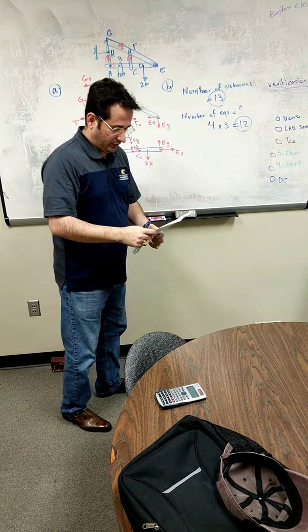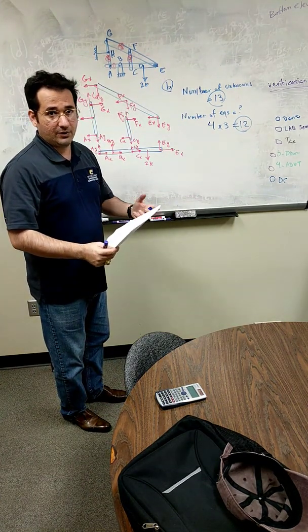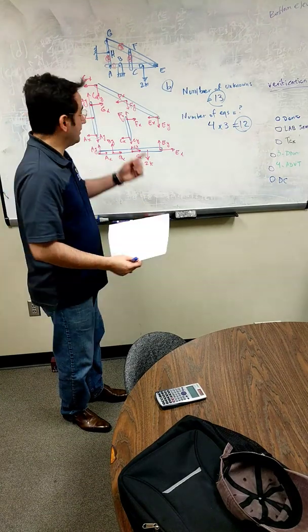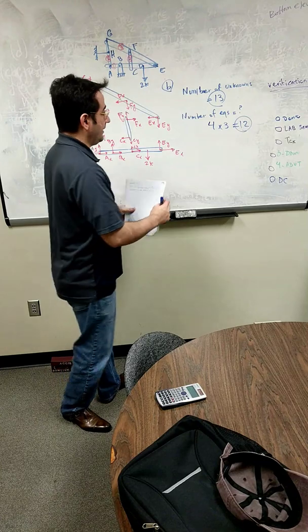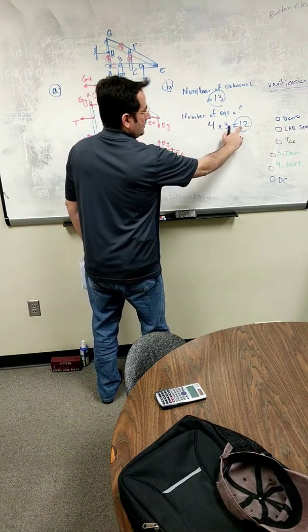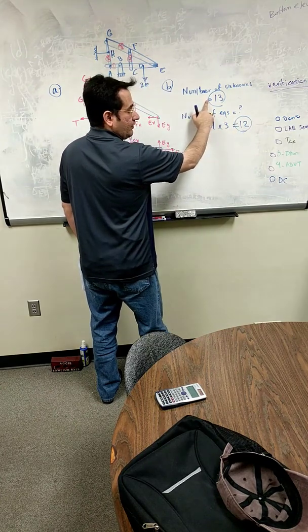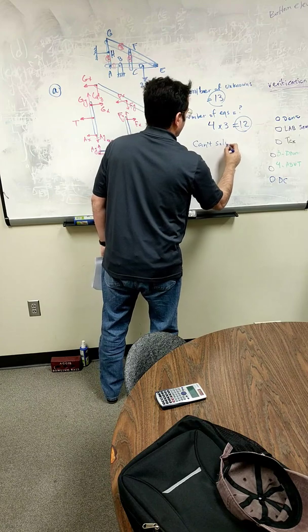So part C says, can I solve for all of them? And the answer is obviously no. You may be able to find some of them, but not all of them, because you don't have enough equations. You see that? The number of equations is less than the number of unknowns. So we cannot solve for all.